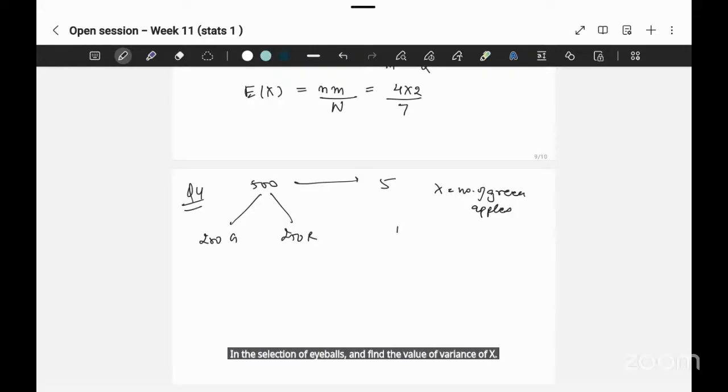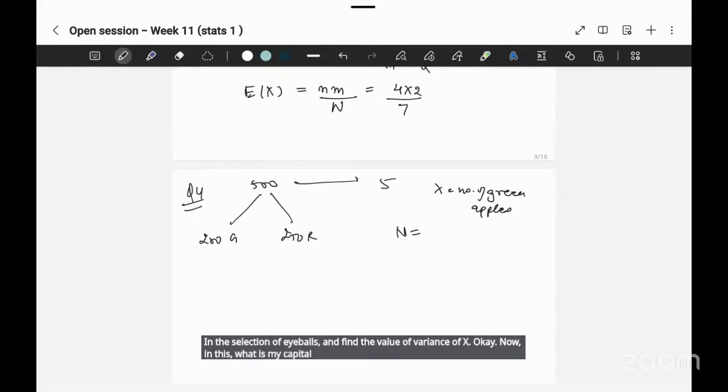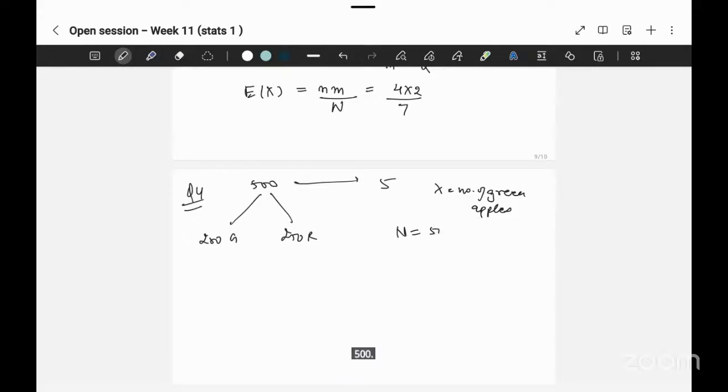Now in this, what is my capital N? 500. Small n? 5. M? 250. So what is the variance of X?